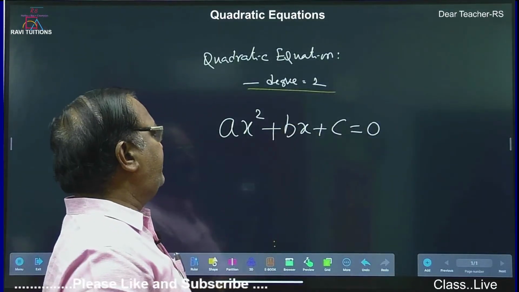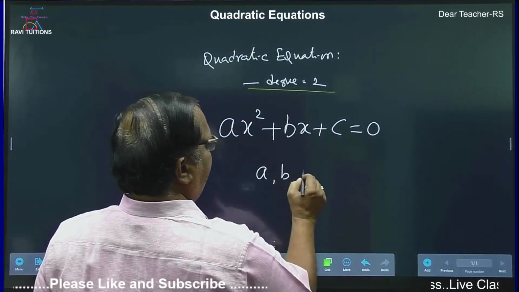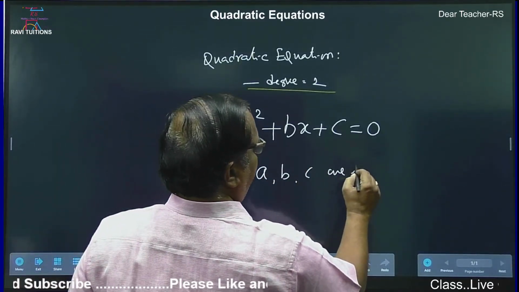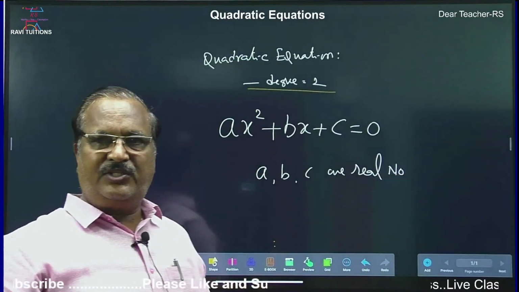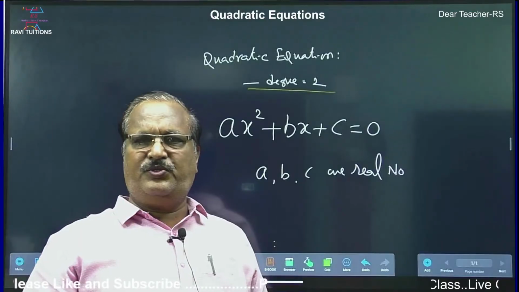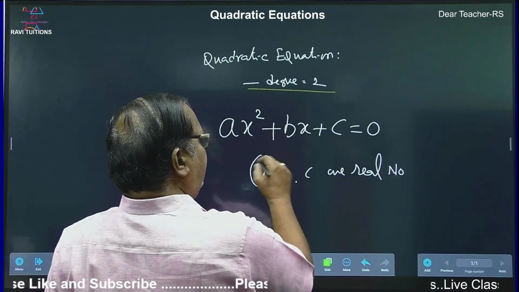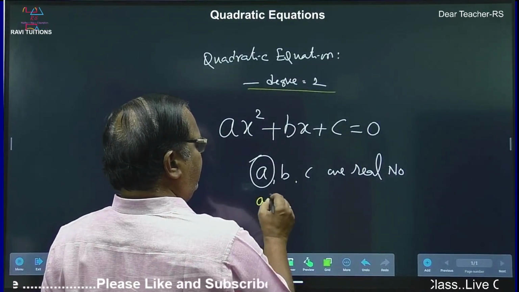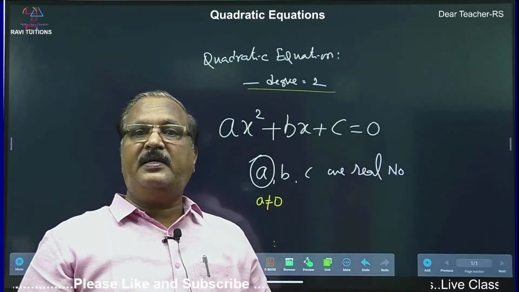Okay. So, now what are a, b, c? a, b, c are real numbers. They can be rational, irrational, decimals, fractions, roots, whatever. The only condition is that a is not equal to 0, because 0 is a real number.